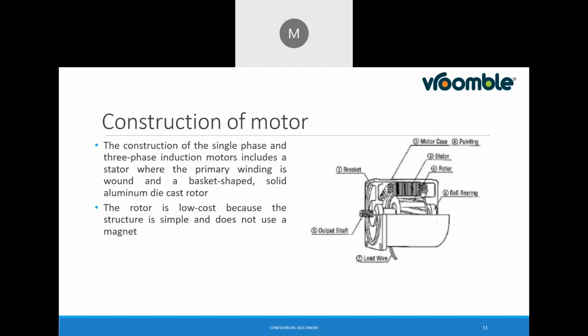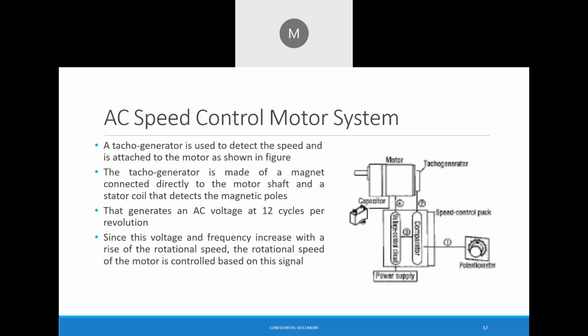The rotor is low cost because it is structured simply like a cage form, and you can just wind your copper on the rotor, right? And it does not have a magnet basically, right?